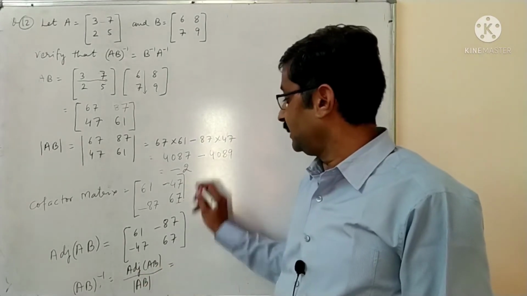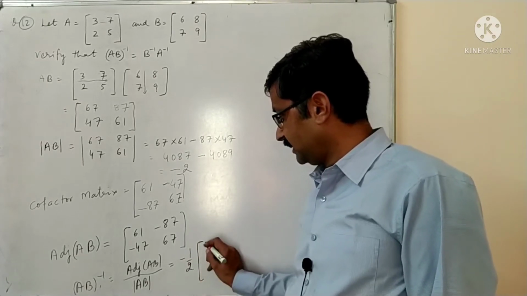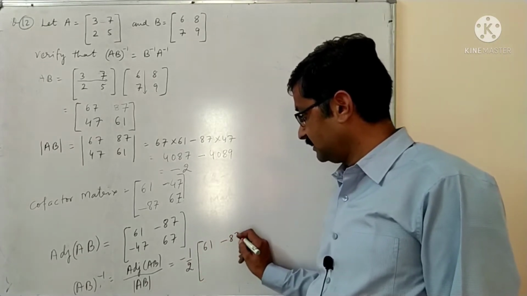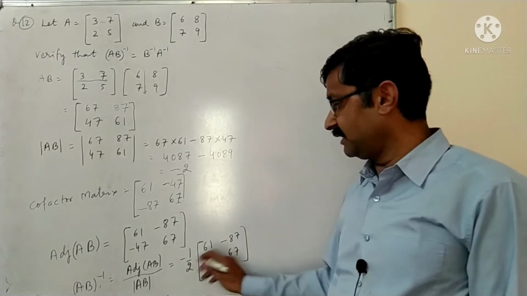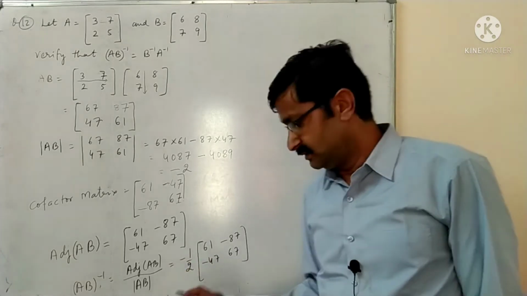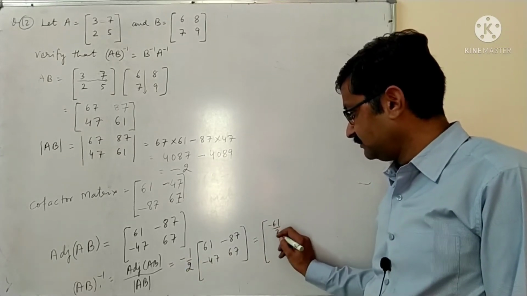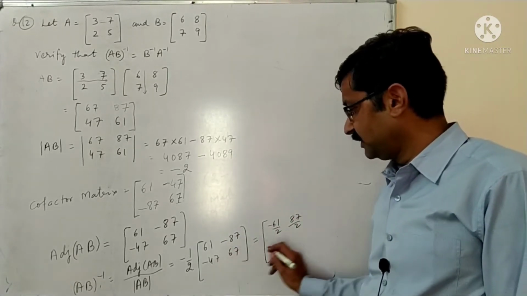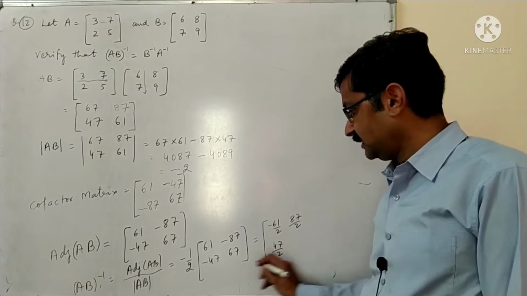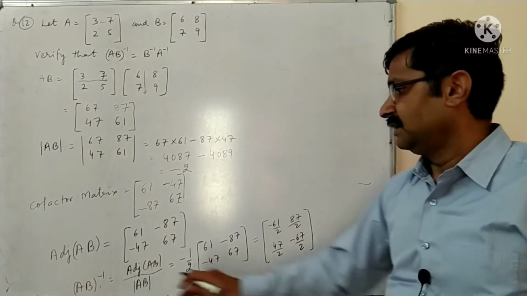Determinant AB we get is minus 2, so you can write 1 upon minus 2, and this you write as it is: 61, minus 87, minus 47 and 67. If you want you can divide by 2, otherwise you can write as it is. So what we get? Minus 61 by 2, then 87 upon 2, 47 upon 2, and minus 67 upon 2. So this is your AB inverse.